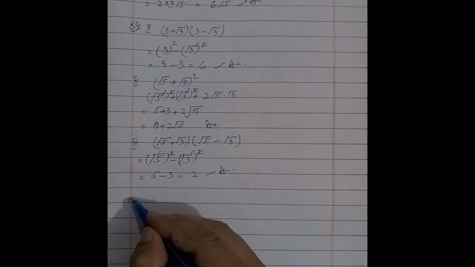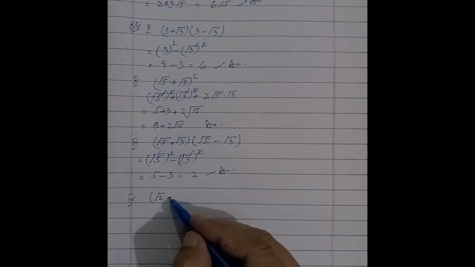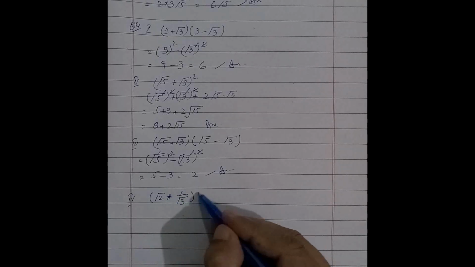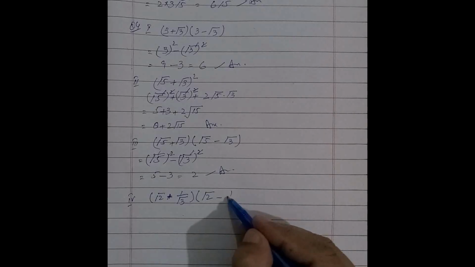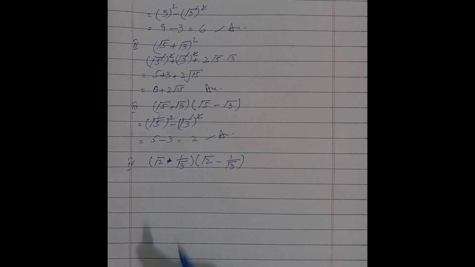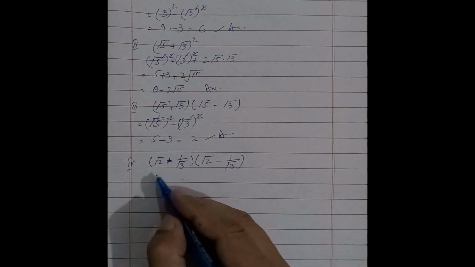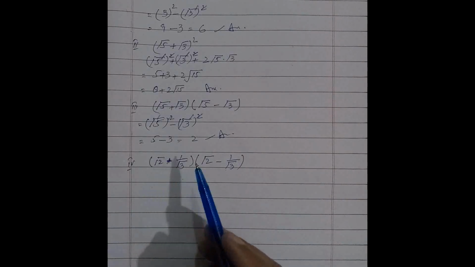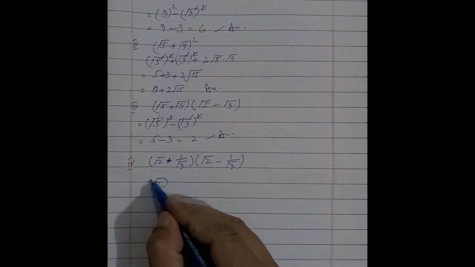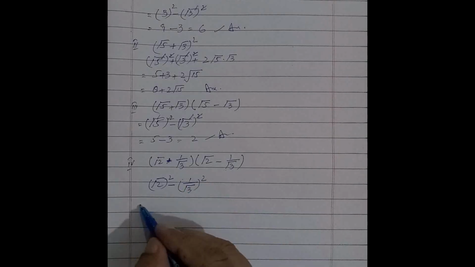And the fourth part, in which we have √2 plus 1 over √3, and the other is √2 minus 1 over √3. The same formula, (a plus b) into (a minus b), the answer is a square minus b square. Here a is √2 and b is 1 over √3. (√2) square minus (1 over √3) whole square.